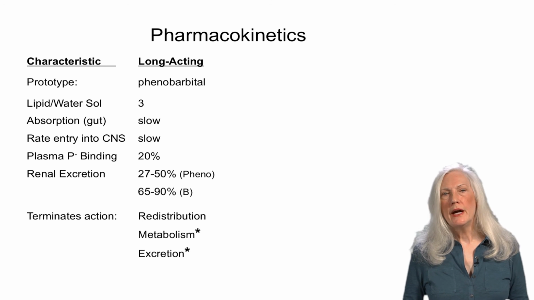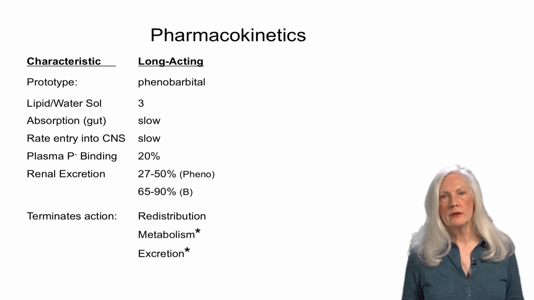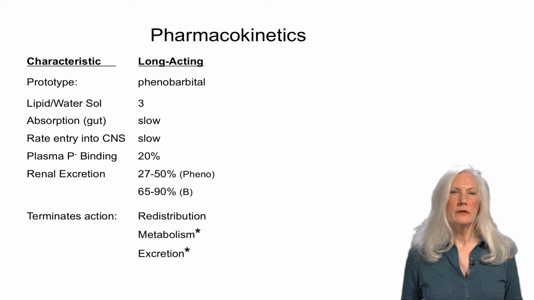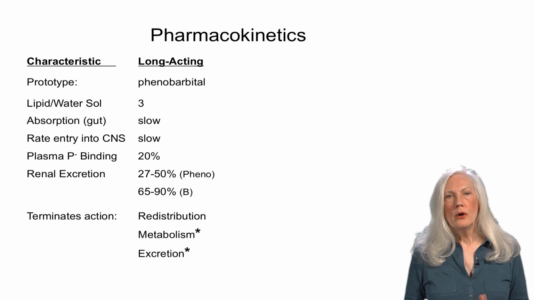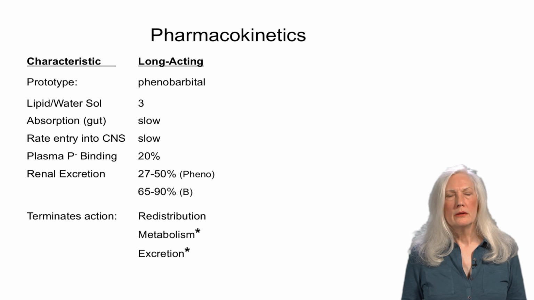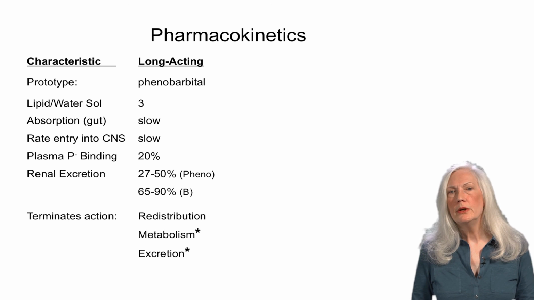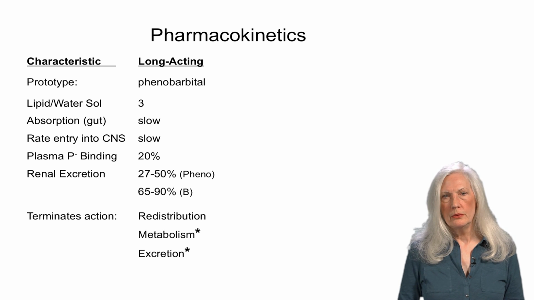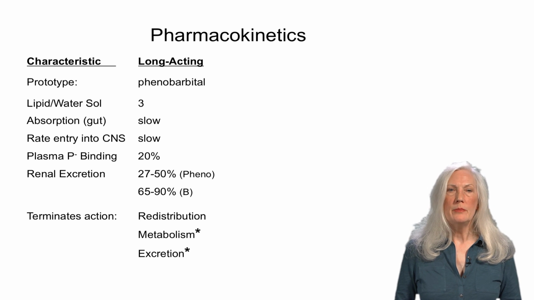So let's compare the types of substitutions made on some of the more commonly used drugs from each category and the resulting pharmacokinetics, that is, their absorption, distribution, metabolism, and excretion. First, we're already familiar with phenobarbital. Here you can see the partition coefficient, that is the lipid-water solubility ratio, is 3. This means that phenobarbital is 3 times more soluble in lipid than in water.